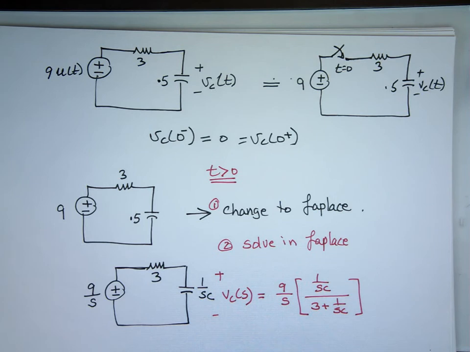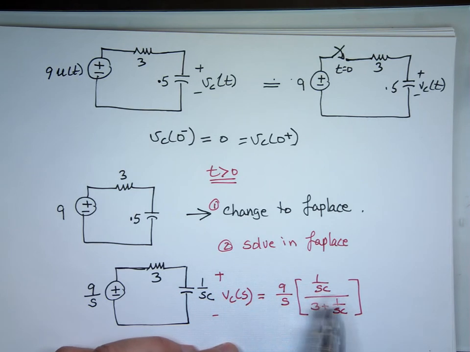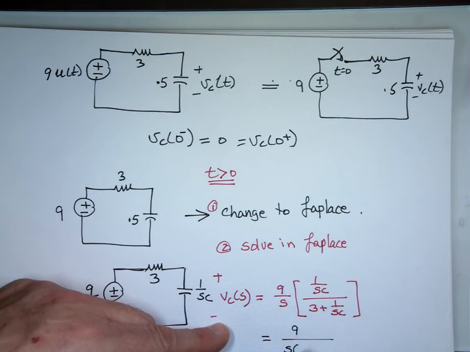Now I can multiply, this is the big fraction here, I'm talking about this one. I can multiply the top and the bottom by SC to get rid of the fractions. So if I multiply by SC, I'm going to have 9 over S times 3SC plus 1.